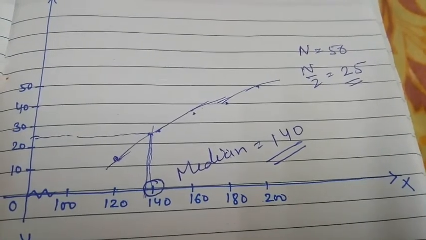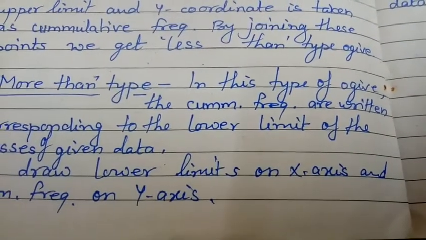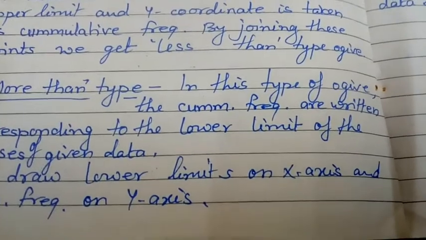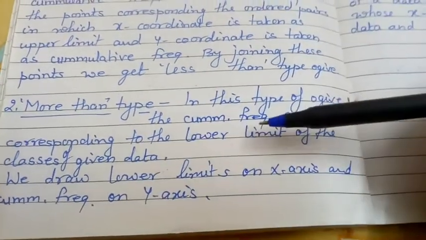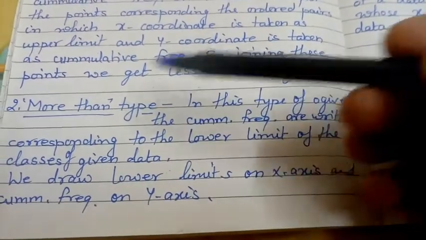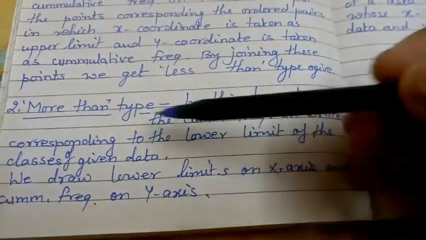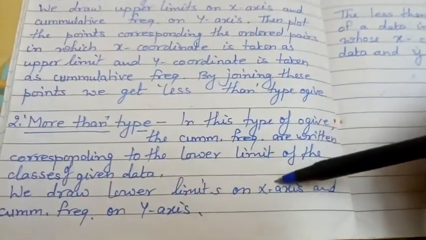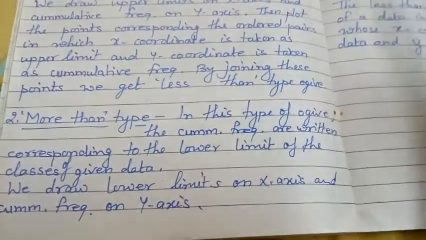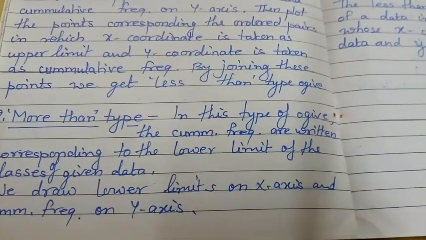Next, the more than type, which is just the opposite of the less than type. In this type of ogive, the cumulative frequencies are written corresponding to the lower limits of the classes of the given data. We draw lower limits on the x-axis and cumulative frequency on the y-axis.